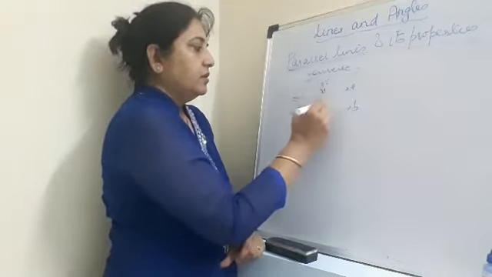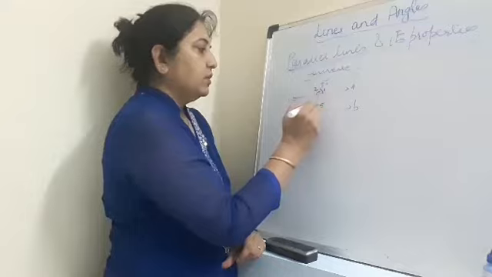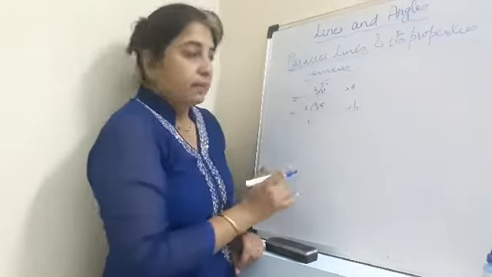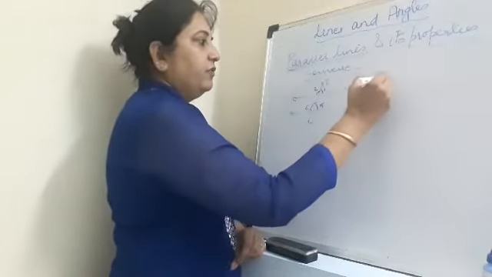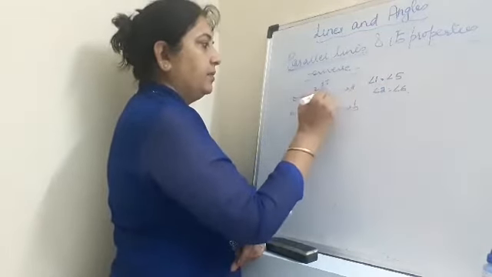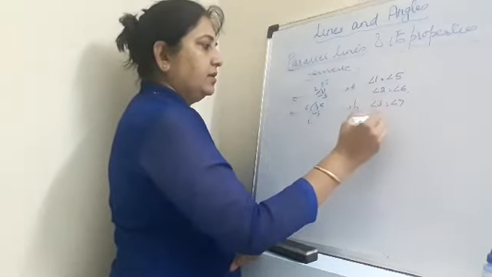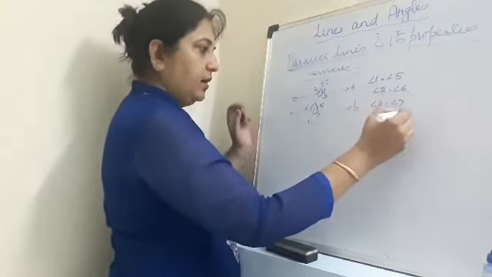Angle 1 and this was angle 5. This was 2, this was 6. So I will go step by step. If this is given, this is 3, this is 7, and angle 4 and angle 8.